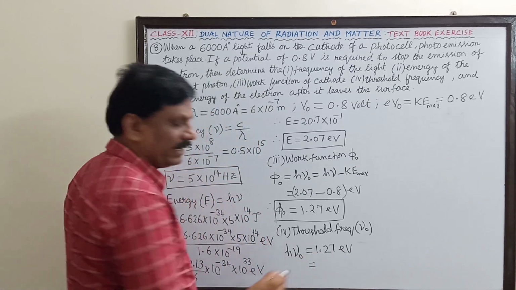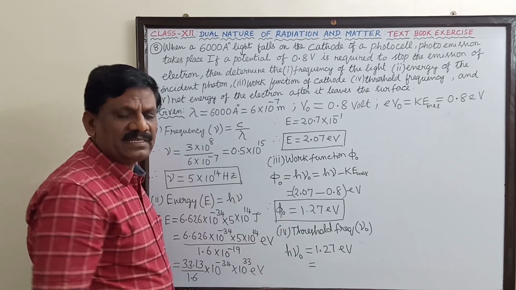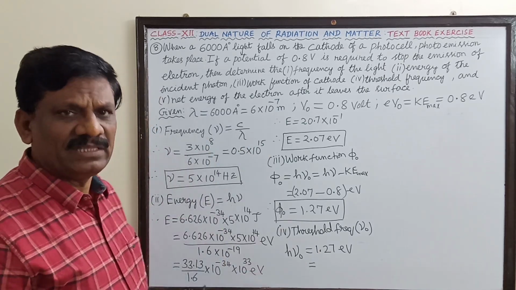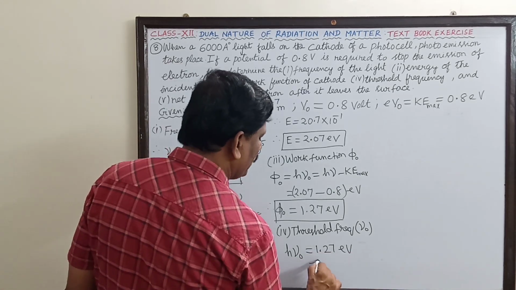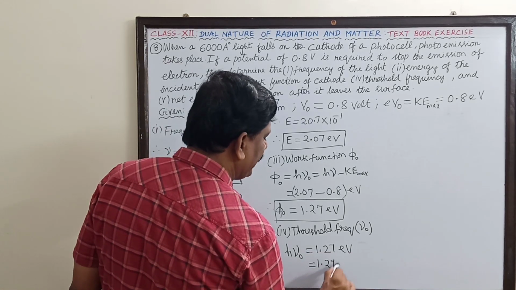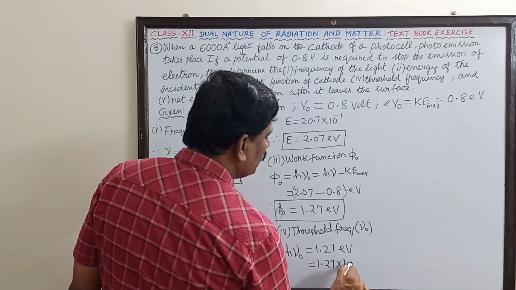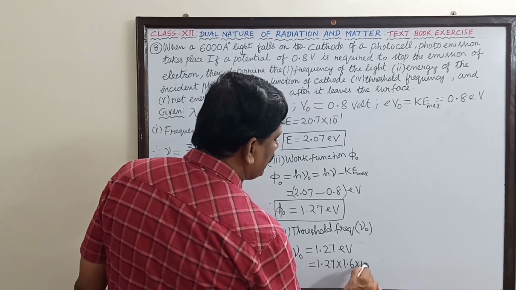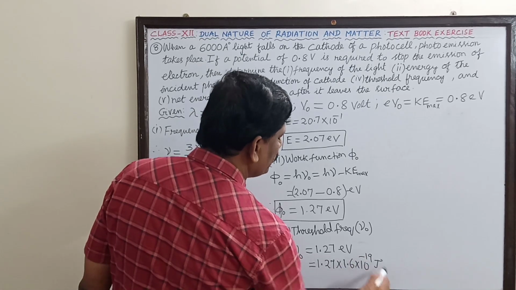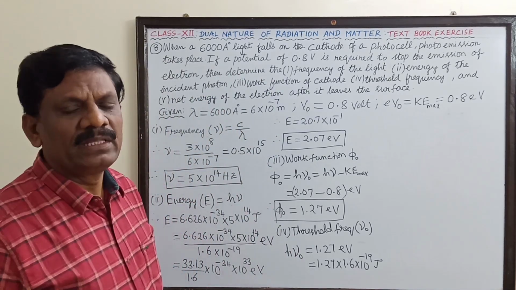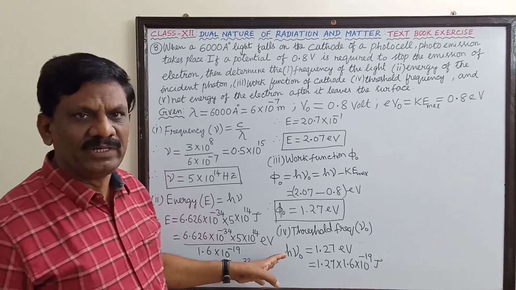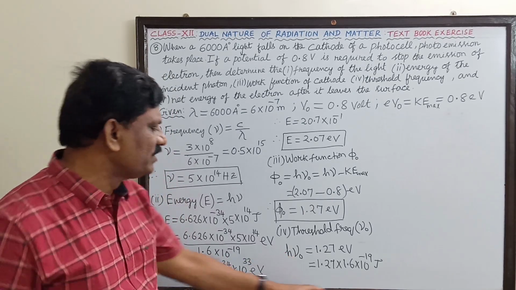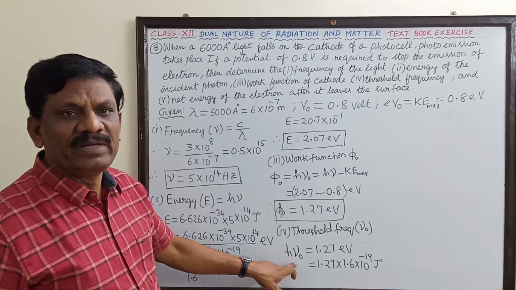So 1 electron volt is the charge of an electron times joule, is it not? So I am going to convert this electron volt into joule. So this is 1.27 into 1.6 into 10 to the power of minus 19 joule. Why? Because the Planck's constant is in SI unit only, we know it, isn't it? So if you substitute, the frequency will be coming in SI unit.